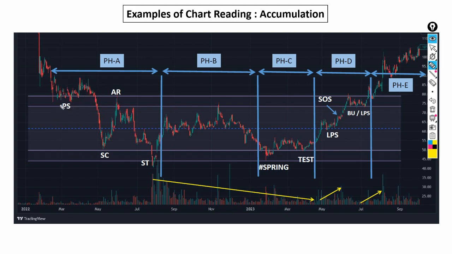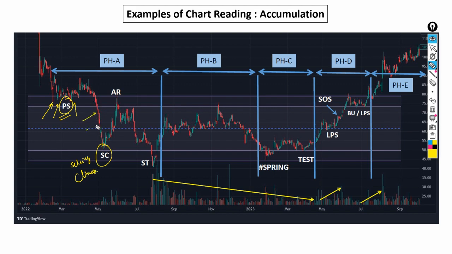Starting from here, first we see preliminary support, which is also called PS in nomenclature. This is the first point where the big money has entered and they have started to buy the stock. Continuing downwards, we see there is a selling climax. So this is the climactic move.